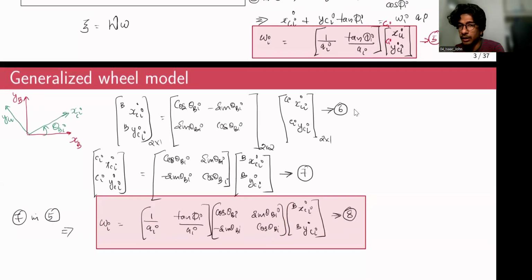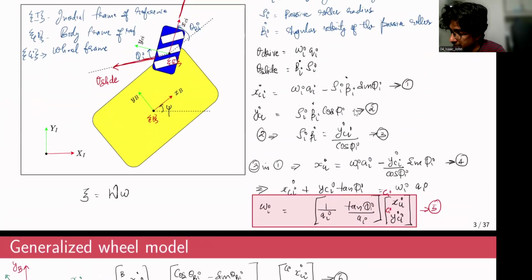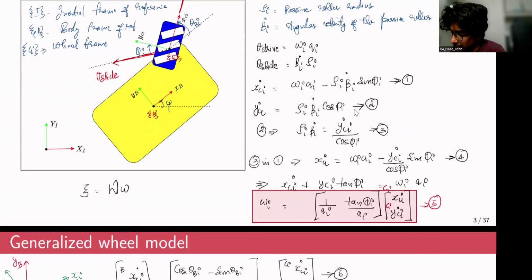Now, again, looking back to the body, what exactly are these terms xci dot and yci dot with respect to the B frame of reference? You can write it in terms of u, v, r. You can write this xci dot and yci dot as a function of u, v, r. That is nothing but the velocity along the xb axis, the velocity along the yb axis, and the angular velocity along the zb axis.